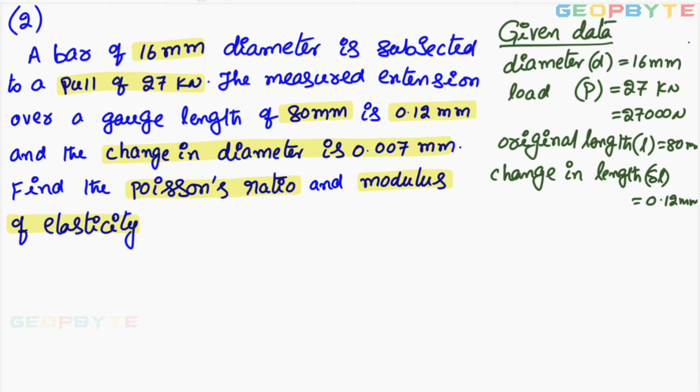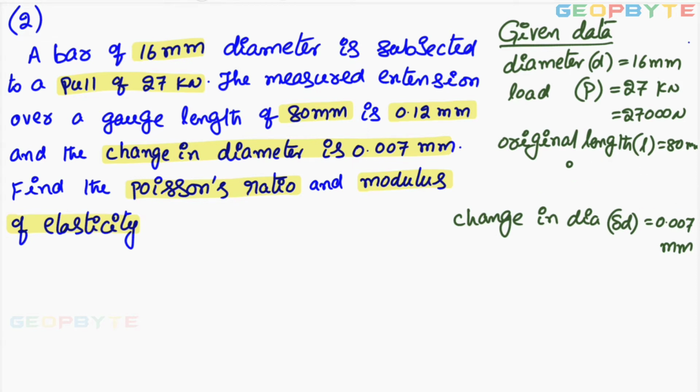That is the change in length, and change in diameter delta D is equal to 0.007 mm. Let us write it clearly, otherwise you may be confused.